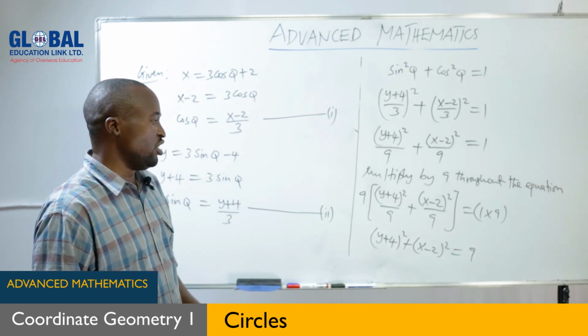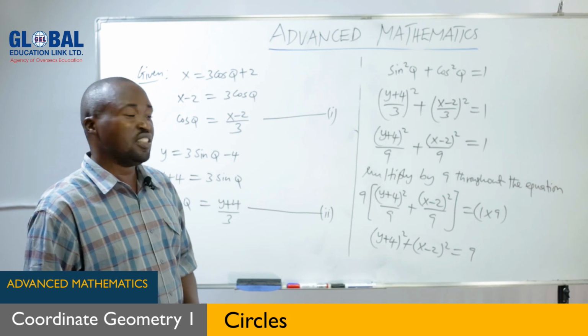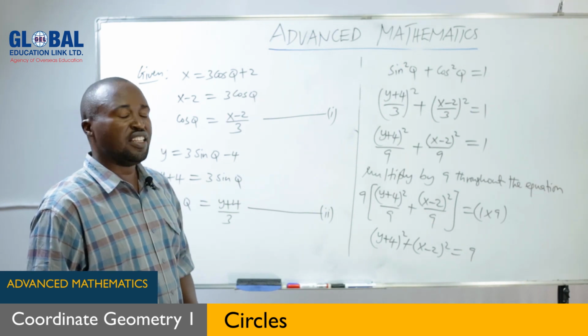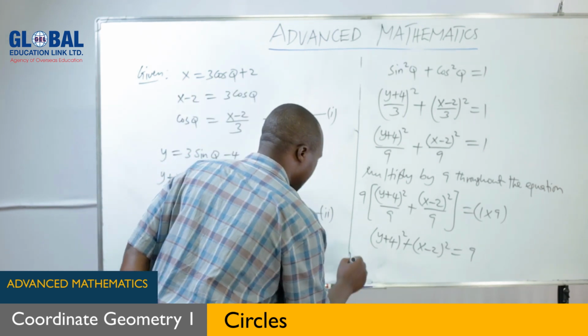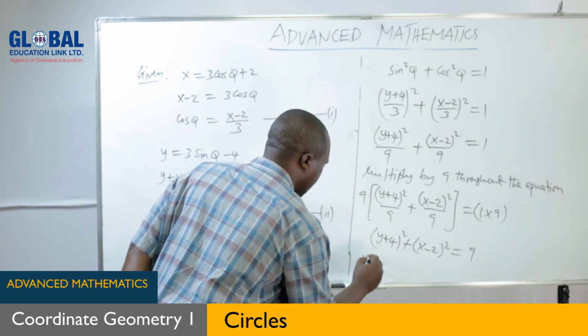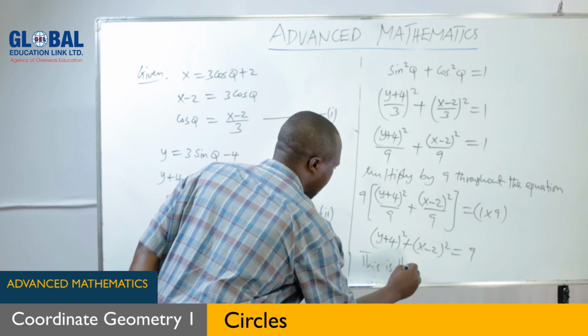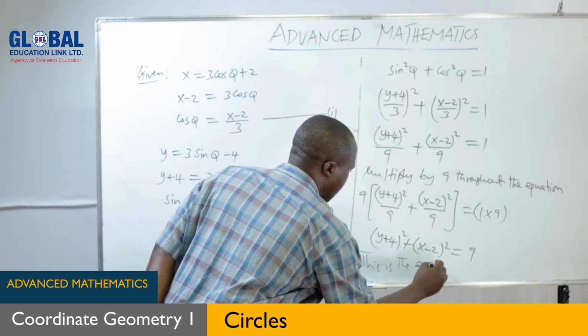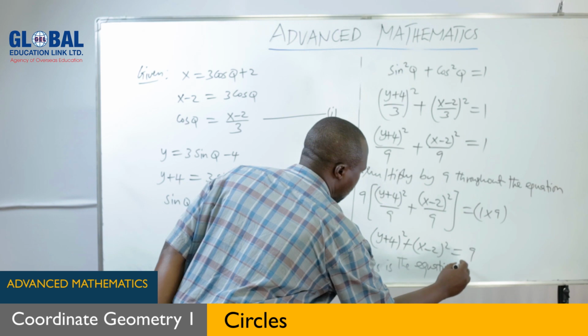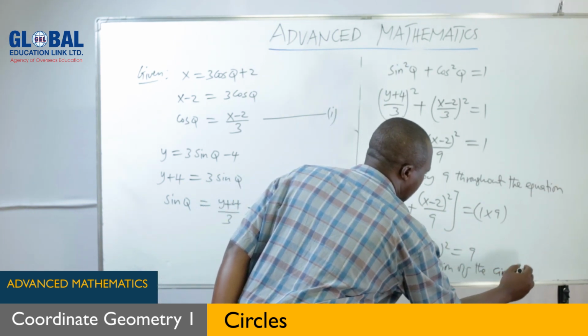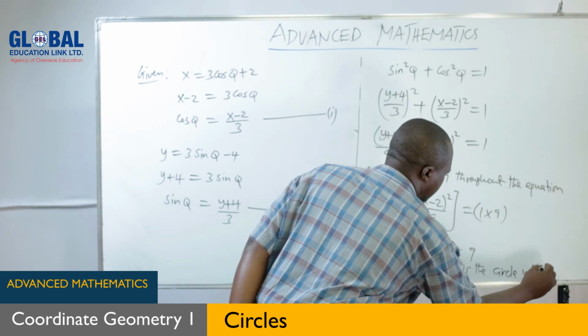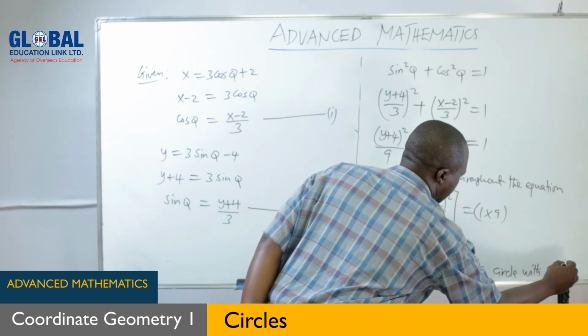So if this is the equation, you can see it looks like the equation of a circle in which the center is not at the origin. So here we can say this is the equation of the circle with center.